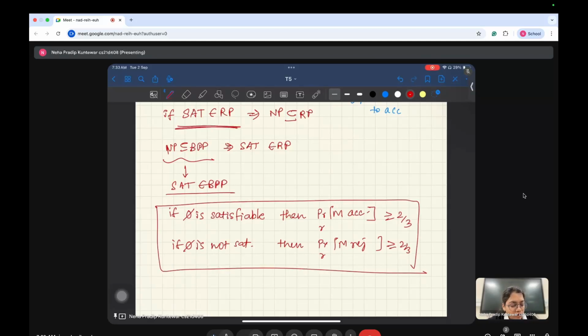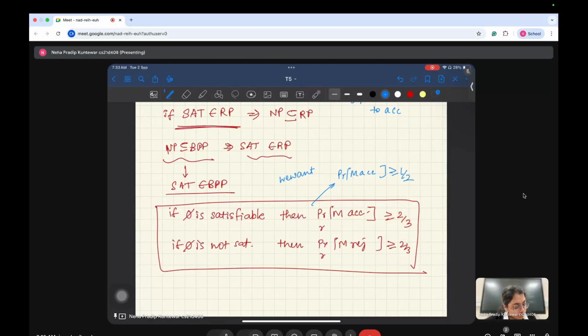Now what we want to do is to get an RP algorithm for this, and the key difference here, I'll just write with a different color here, is that when phi is satisfiable, we want the probability that M accepts to be at least half. So this is already satisfying that condition.